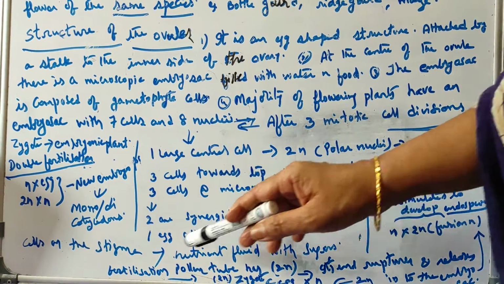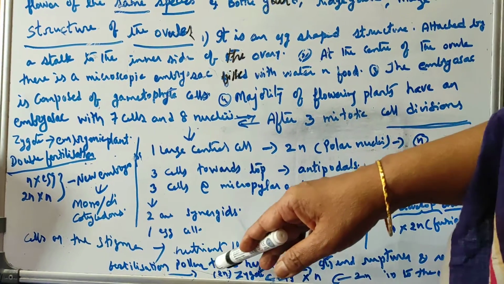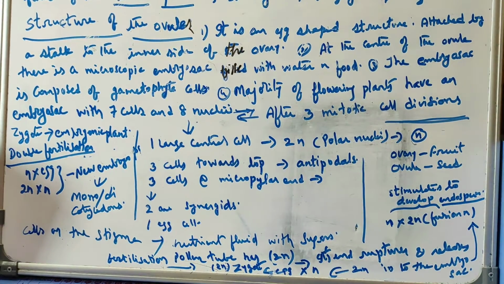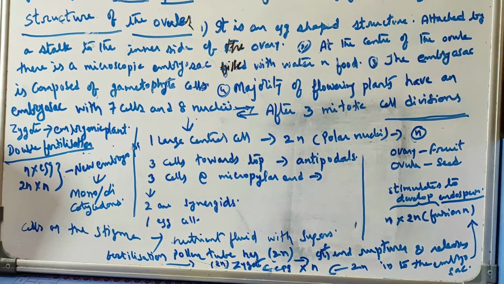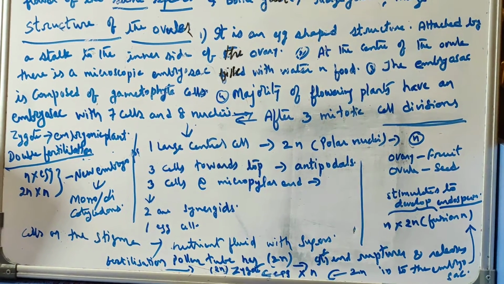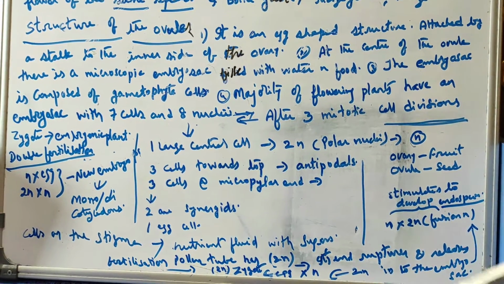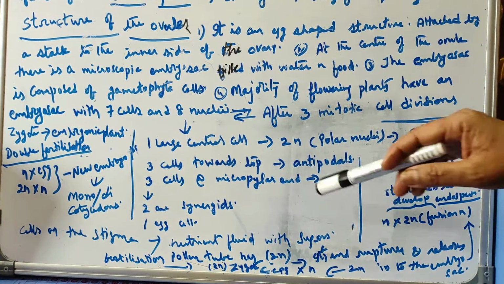Here, first, on the cells of the stigma some nutrient fluid will be there, and this fluid has sugars. Because of these sticky sugars, the pollen that falls on the stigma will stick.